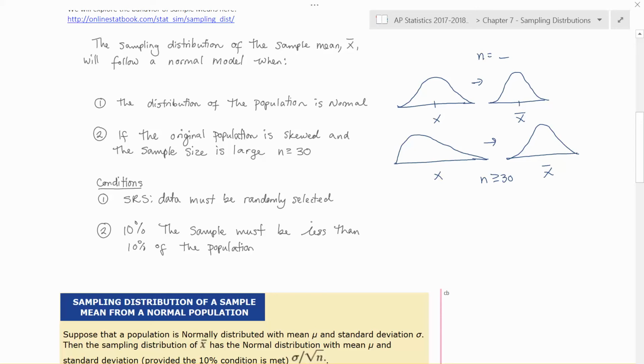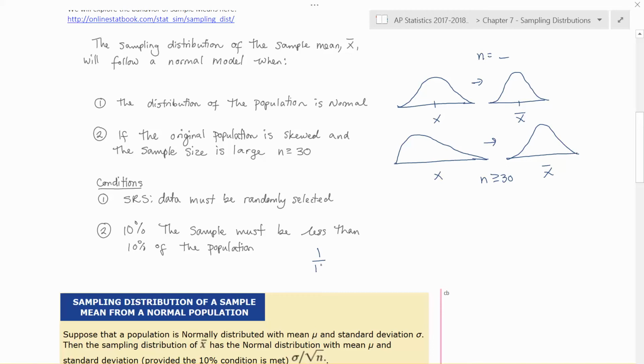We can't do the mathematics behind that calculation without assuming independent observations. So we get independent observations when the data are randomly selected and when the 10% condition is satisfied. So that means that the sample must be less than 10% of the population.